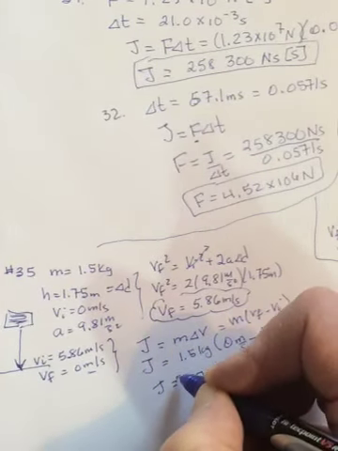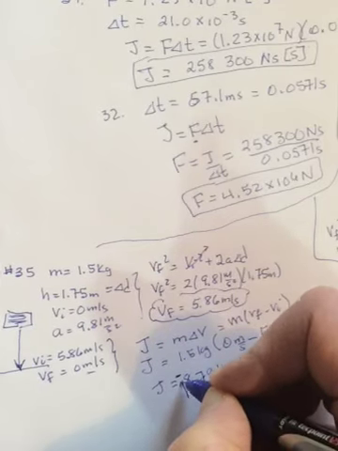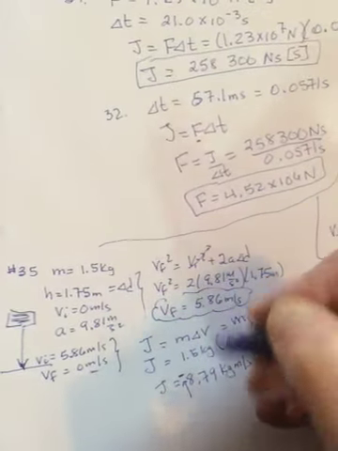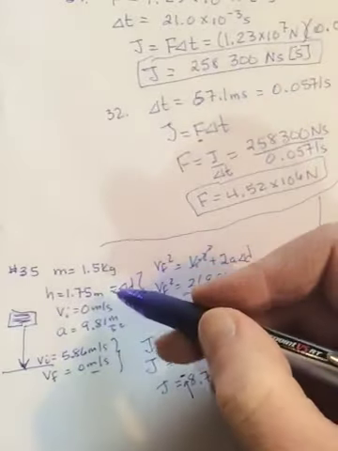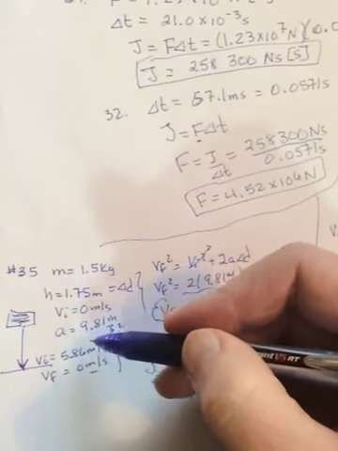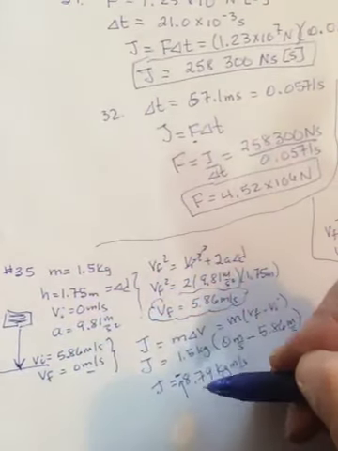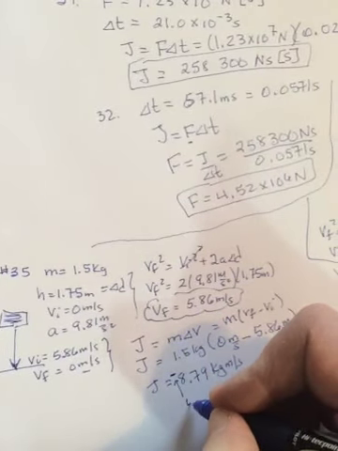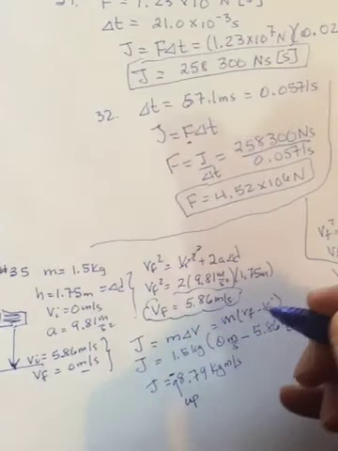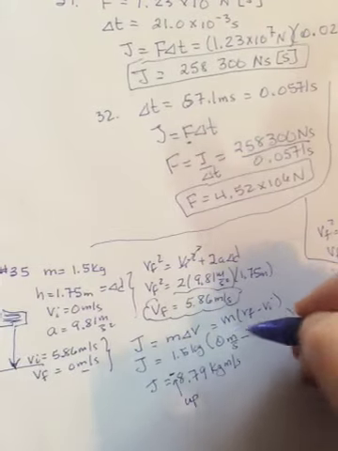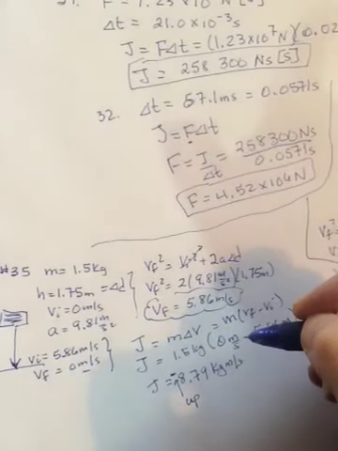But it's a negative. And it's a negative because the floor is acting in the opposite direction that the book was moving in. We didn't put any negatives in here, which means we call down positive. So this negative means up. Now my money would be on that most of you did 5.86 minus 0.